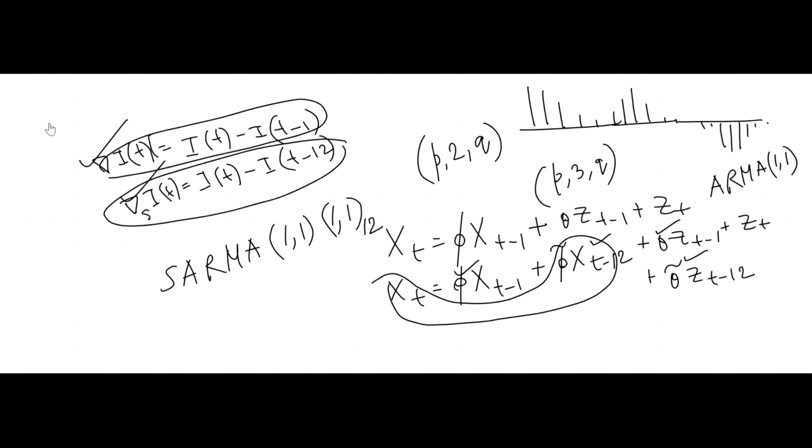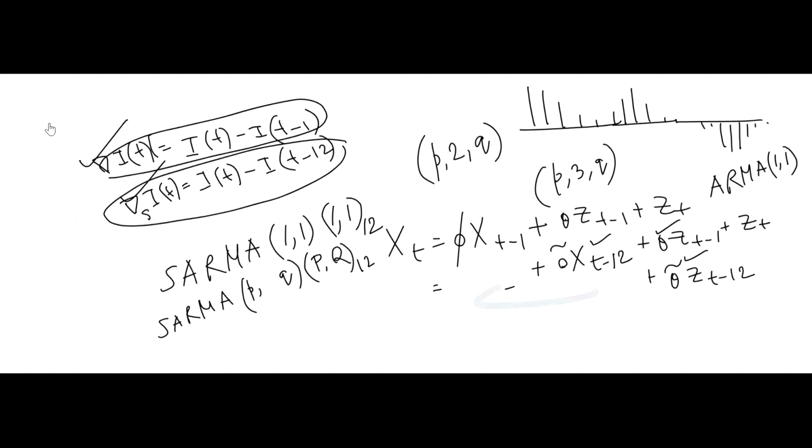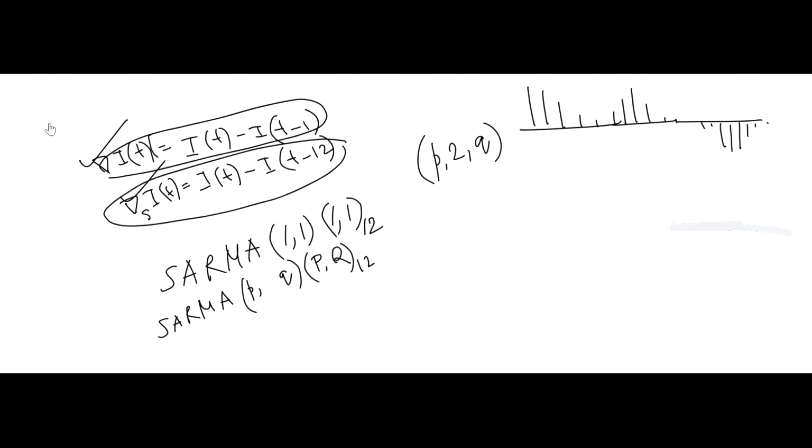Suppose that something follows a SARMA model with usual AR part p and usual MA part q, and the seasonal AR part capital P and the seasonal MA part capital Q. So suppose this is the difference process which is following this model. Then if I ask you what is the model for the original process, definitely the original process is obtained by integrating this difference process. So it will have a new name. It is not called a seasonal ARMA, but it is called seasonal ARIMA.